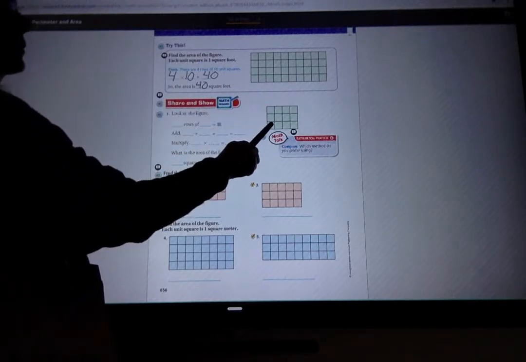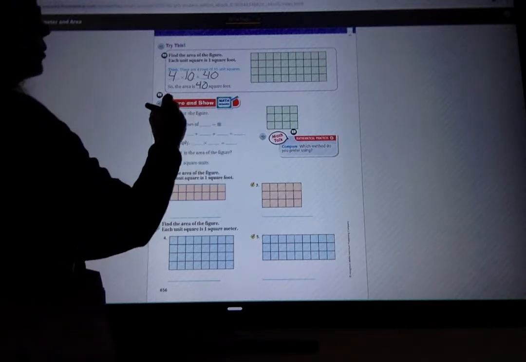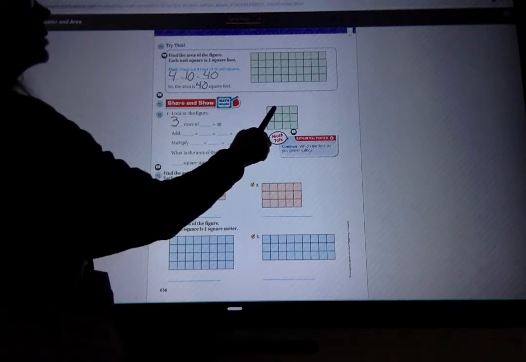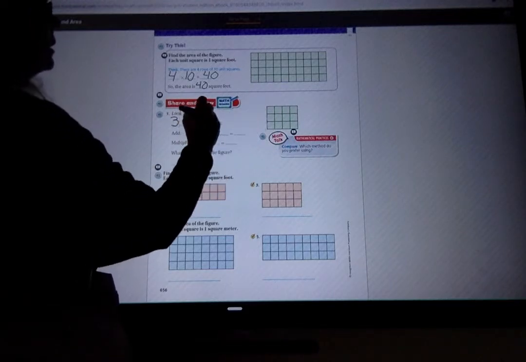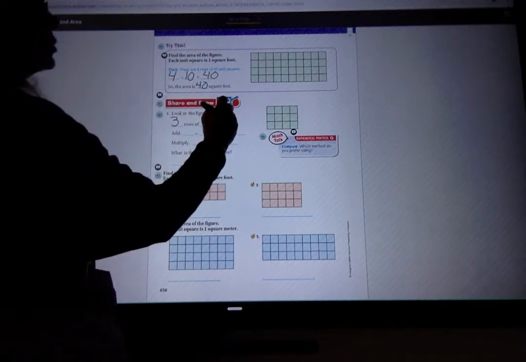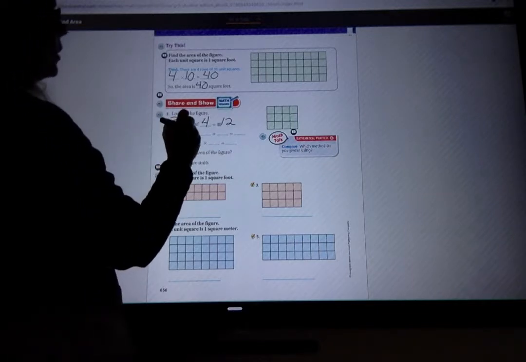Look at this figure. 1, 2, 3 rows of how many in each row? 1, 2, 3, 4. And we get 12. Or we can add.